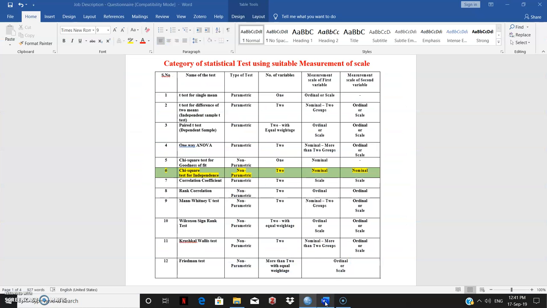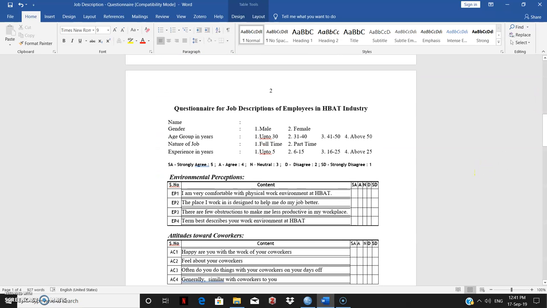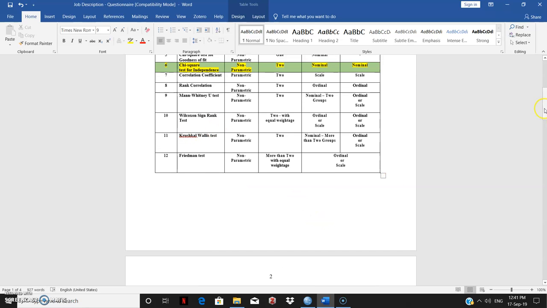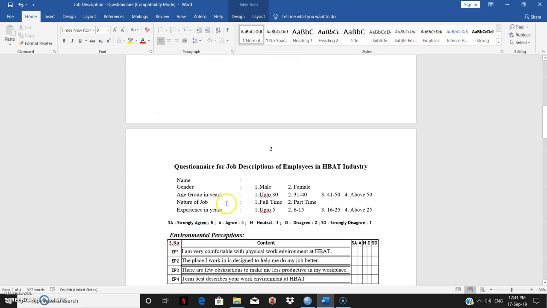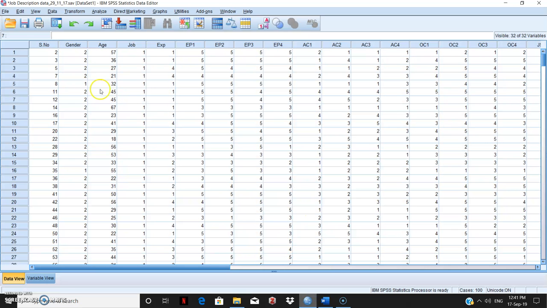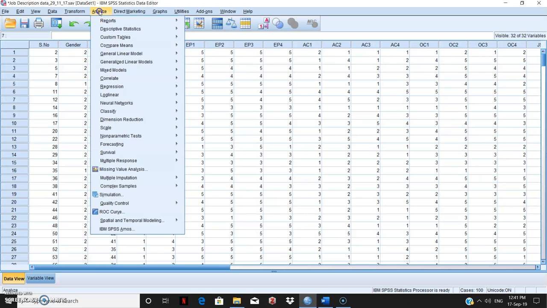I hope you remember the questionnaire that we have used to capture the data. In the questionnaire, gender is a nominal scale, and so is your nature of job. That is also full-time, part-time, a nominal scale. That is why when we come here, we go to Analyze, and in Descriptive Statistics, there is an option called Crosstabs.